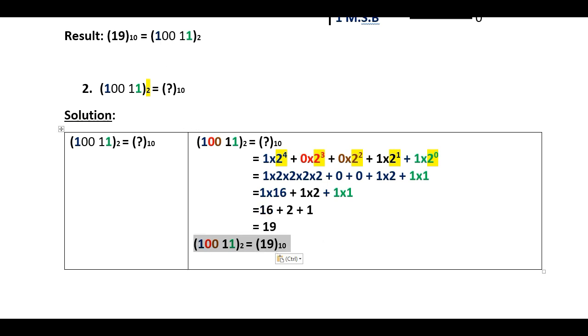I am highlighting this in a different color, which is really helpful for you. Okay, now you can see the result is the same, the 19 and the 19.